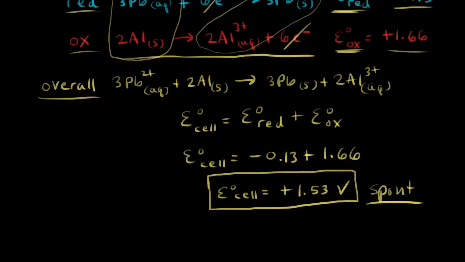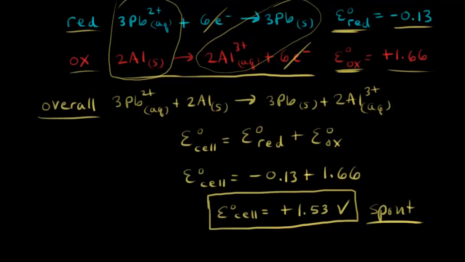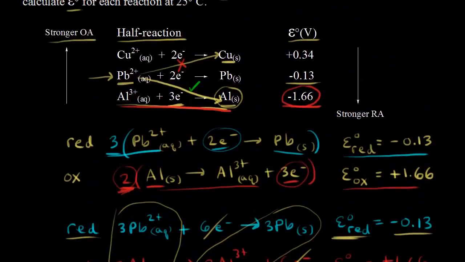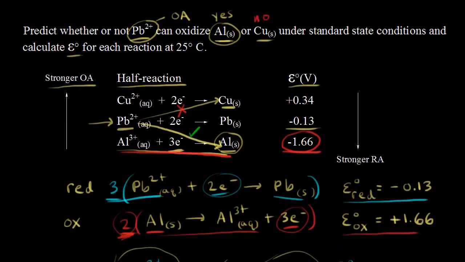We predicted that lead-2+ could oxidize aluminum. So let's go back up to our problem again. Our problem asked us, can lead-2+ oxidize aluminum? And we predicted yes, by using the diagonal rule, by drawing this arrow down here. And then we calculated the standard cell potential, and we saw that it confirmed our prediction.